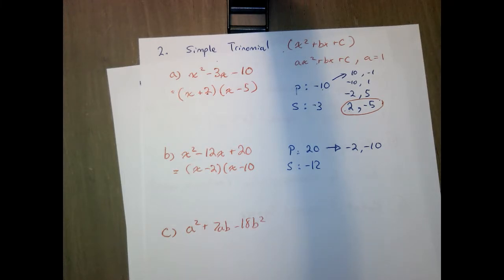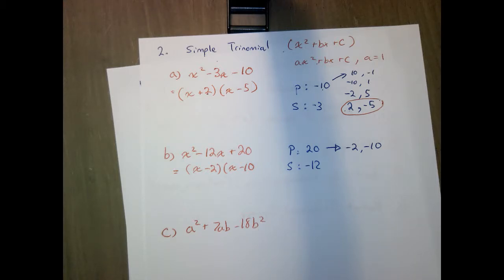What I need to do in this case is keep in mind that I'm going to have an a term plus a b term over here, because if I were to expand it out, I'm going to have an a times an a to get a squared, and a b times a b to get b squared.